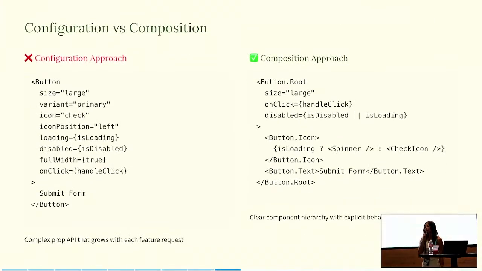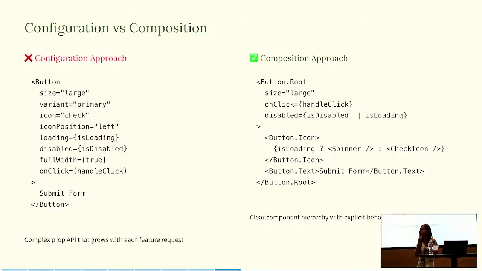Here is an example of configuration versus composition. So you'll see the button component. Here we have, I think, eight props that are all doing different things, and there's no way to know where each prop is being applied.